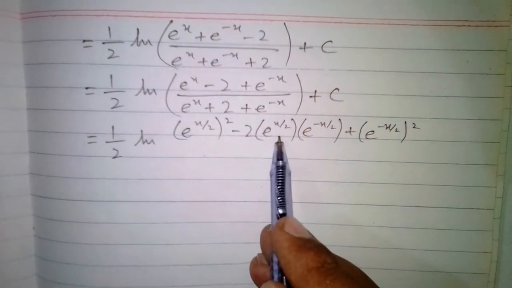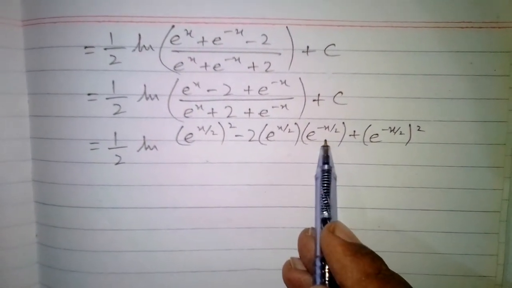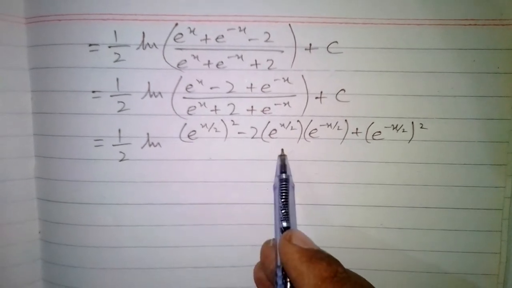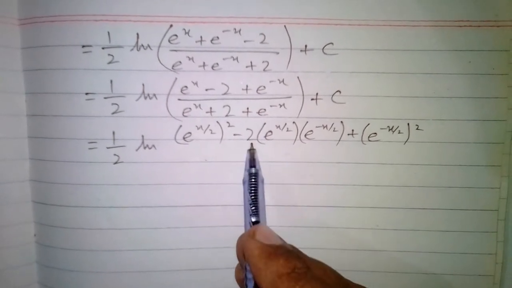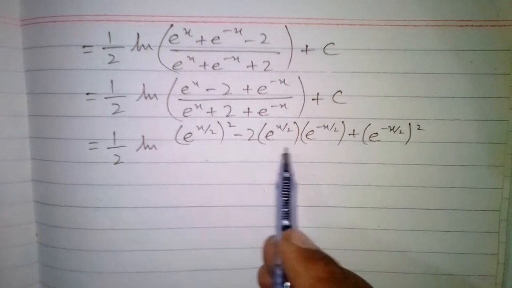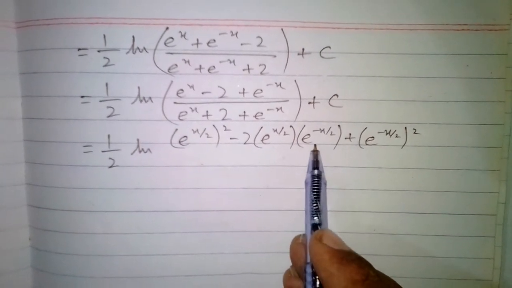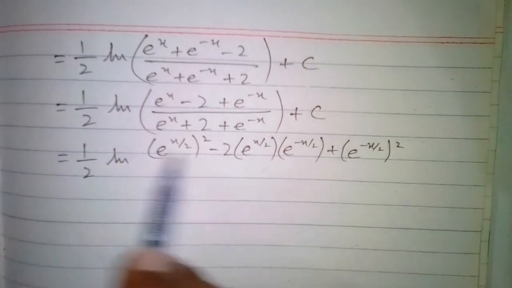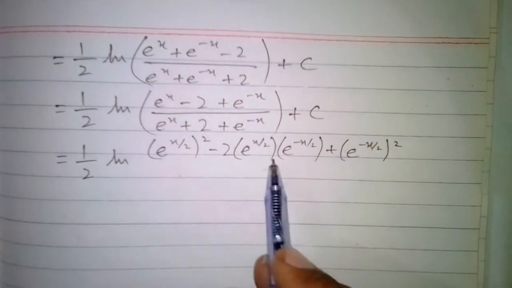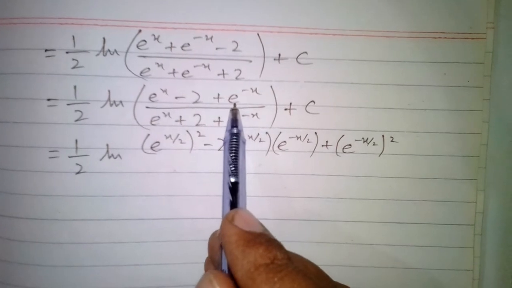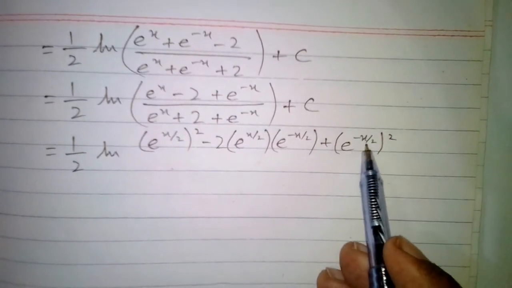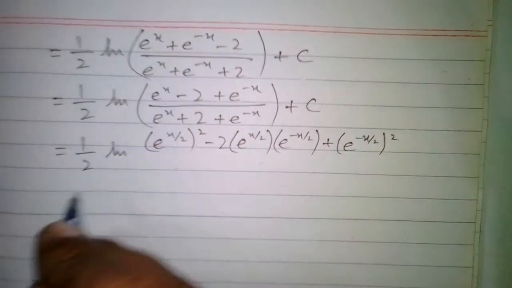Now e to the power x upon 2 times e to the power minus x upon 2 is equal to 1, and 1 times 2 minus 2 is minus 2, so we can write minus 2 times e to the power x upon 2 times e to the power minus x upon 2 in place of this minus 2, and in place of e to the power minus x we can write e to the power minus x upon 2 raised to the power 2.